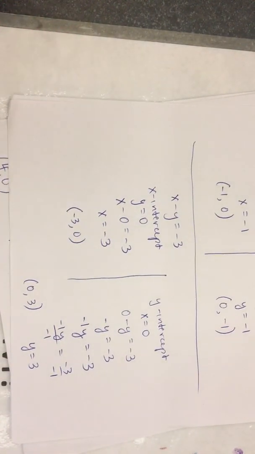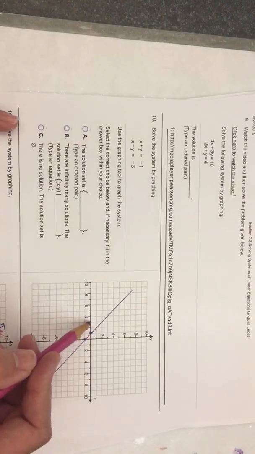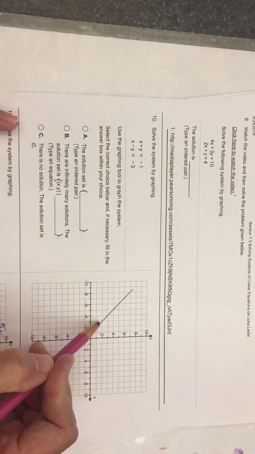Be careful about plotting this. I'll show you what I saw students do just a few weeks ago. They were doing things like this. -3 comma 3. They were plotting -3 comma 3.